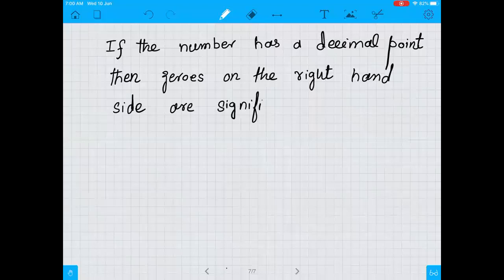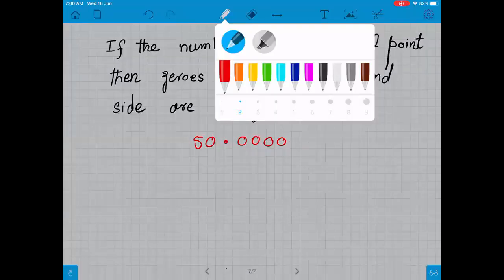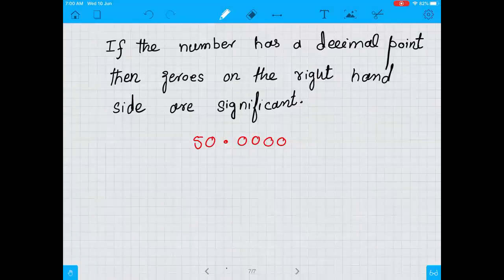Now if you get a decimal point in the number, then zeros on the right hand side of non-zero digits will be significant. Let's suppose you have a number 50.000. Now you see you have a decimal point.